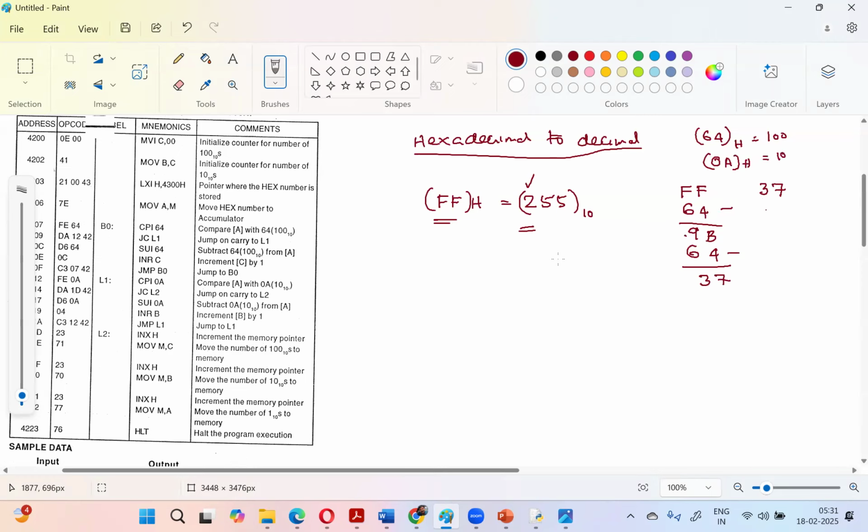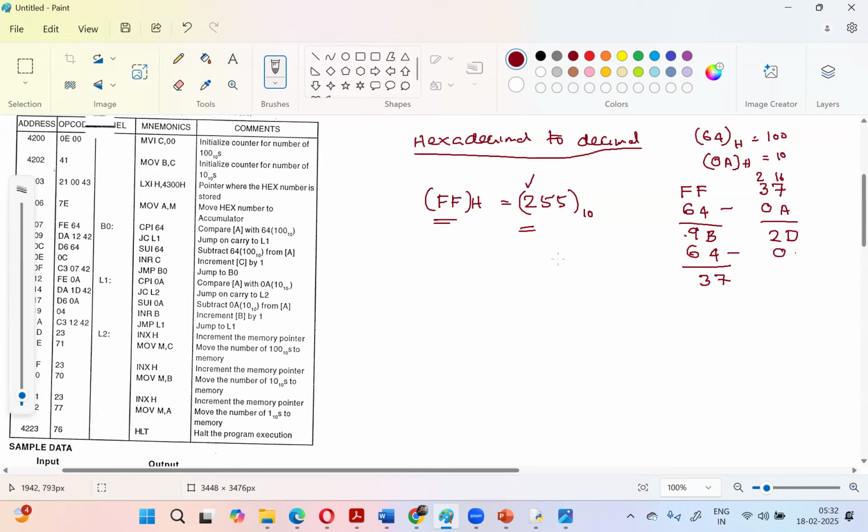You have to subtract 0A from the 37. So you take one borrow here, then you get 16. 16 plus 7 is 23. 23 minus A is 13, which is D. Then we have 2D.